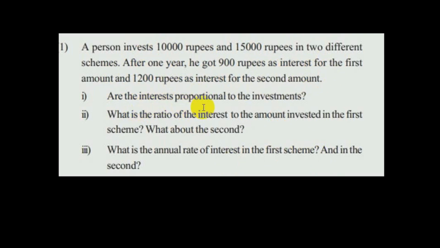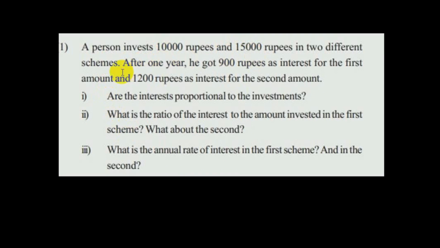Are the interests proportional to the investments? That is the first question. Second one, what is the ratio of the interest to the amount invested in the first scheme? What about the second? Third one, what is the annual rate of interest in the first scheme and in the second?